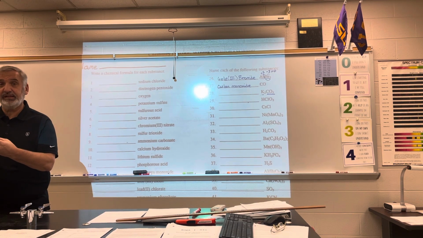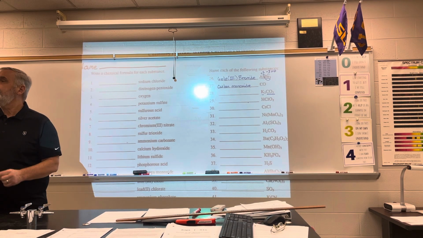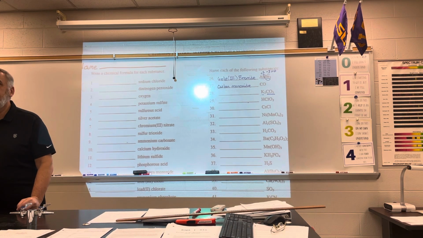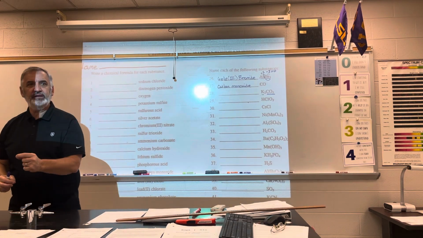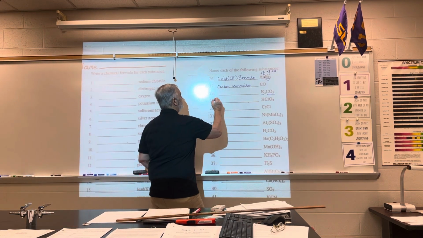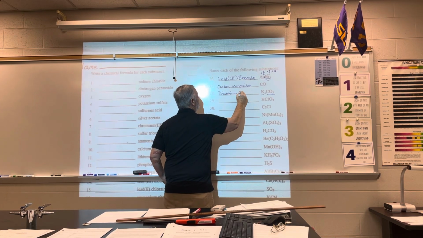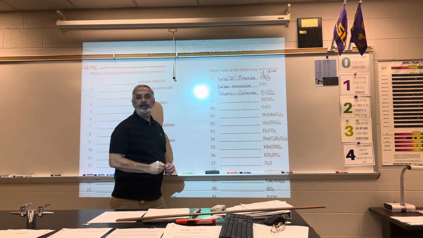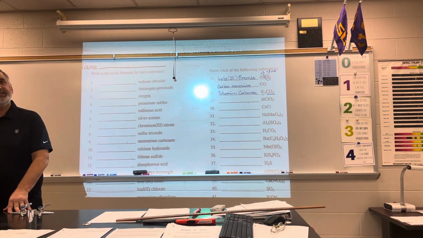So it's going to be potassium. Then you go to your ion sheet. What's the name of CO3? Go to your ion sheet and look at what the name is and don't just guess. It's not going to be chlorate because that would be ClO3. It's carbonate. So it's potassium carbonate. It's CO3, not ClO3.